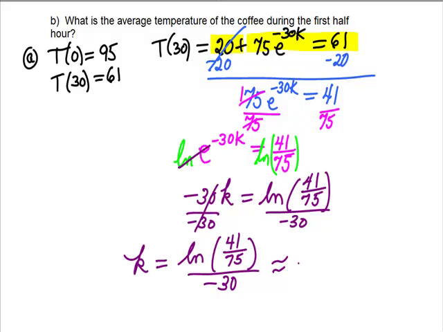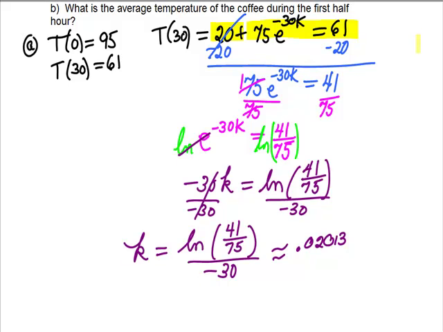So using your calculator, we find out that this is 0.02013. Now to continue with the rest of the problem, we can either leave it as the exact answer or we can use the decimal. The book is suggesting we use the decimal, so that's what I'll do from here on out.